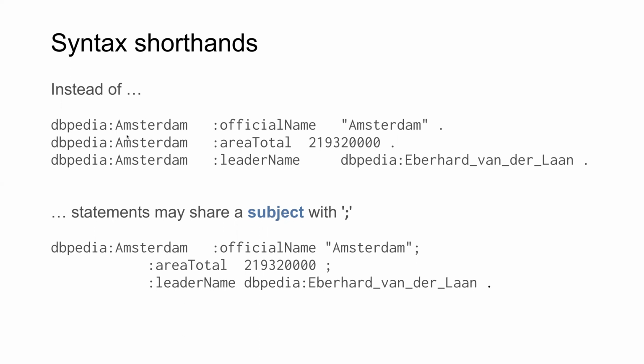You see here, these three triples share the same subject. You can shorten this notation by saying Amsterdam has an official name Amsterdam, semicolon, area total 21 million, semicolon, leader name Eberhard van der Laan, full stop. So you use semicolons when you have triples that share the same subject, and then the predicate changes and the value changes.